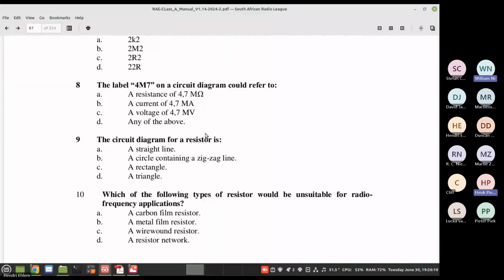D. Now we've had a discussion about this before in one of the previous classes, and there's no unit given there, so it can be volts, can be amps, could be ohms, so it could be any of the above.